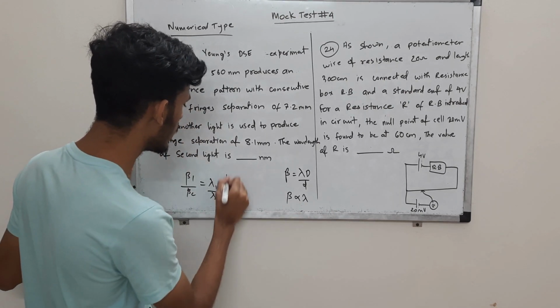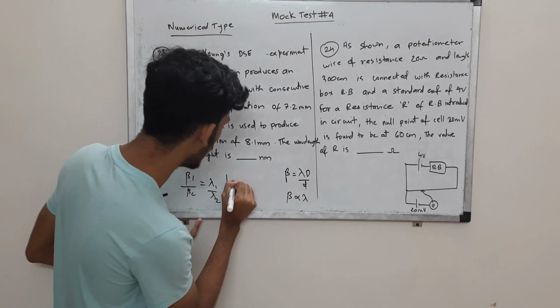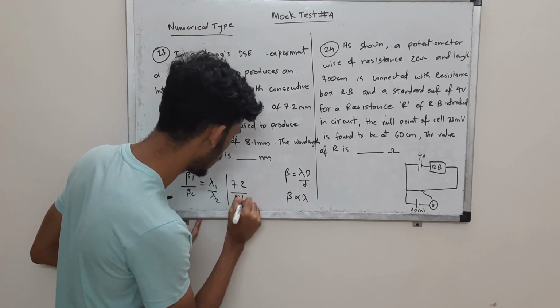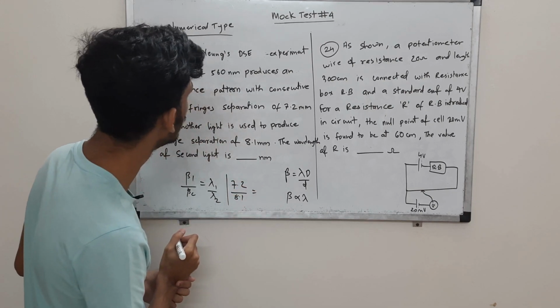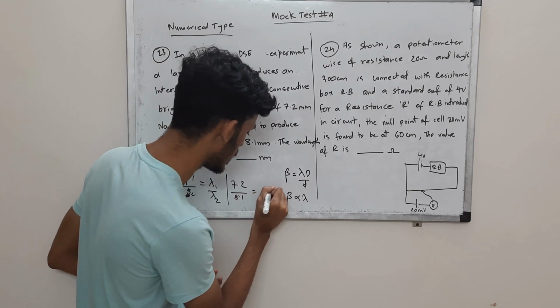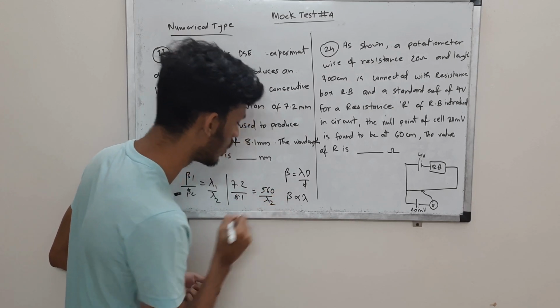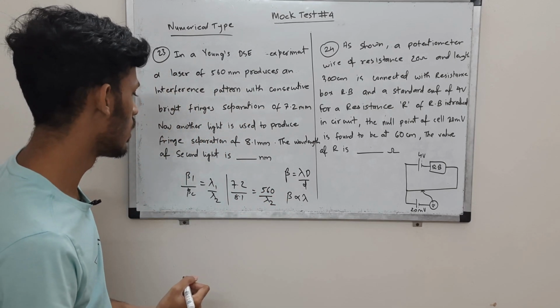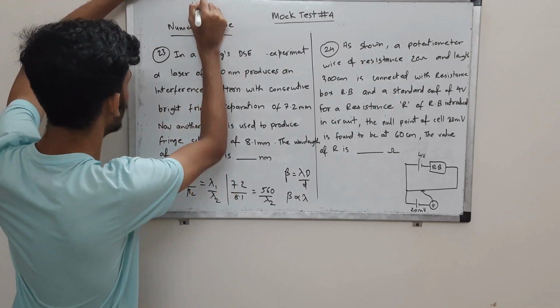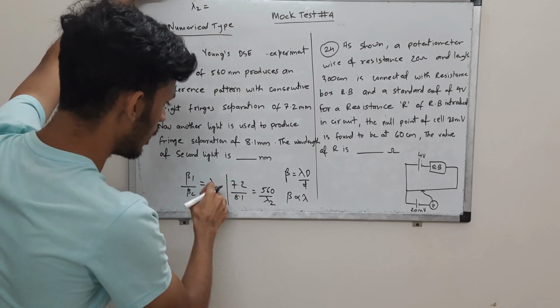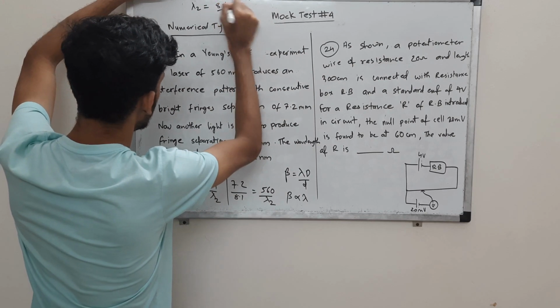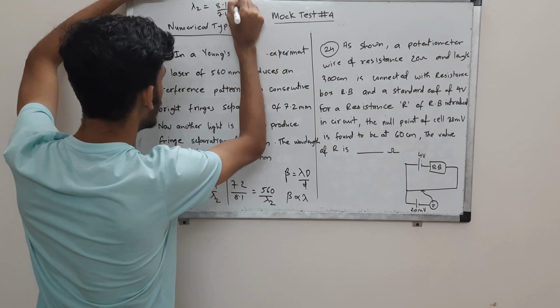So beta 1 is given as 7.2, this is 8.1, lambda 1, the initial wavelength, 560, lambda 2 the wavelength of the other source, that will be, now let's solve it. So lambda 2 will be 8.1 by 7.2 into 560.